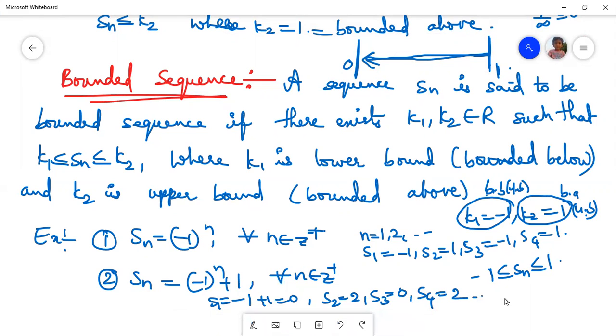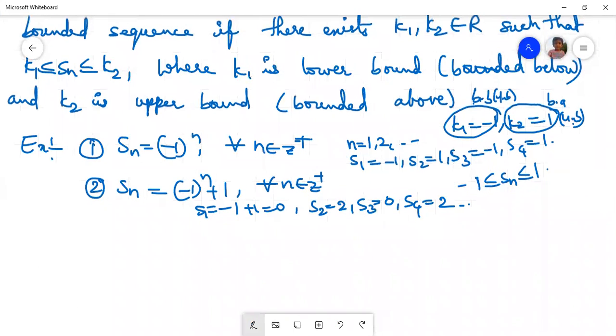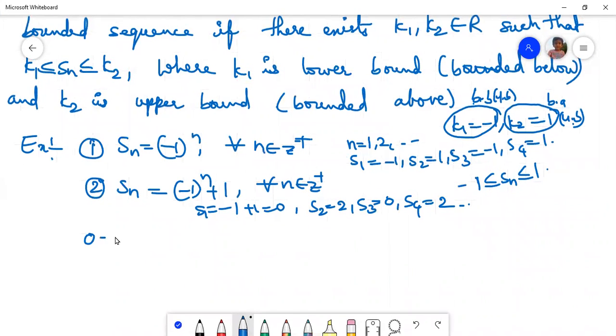So here also 0 is the lower bound, 2 is the upper bound. Each and every sequence value is either equal to 0 or equal to 2. So here it is K1, it is K2.